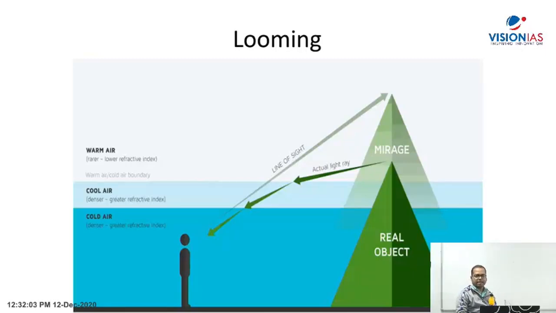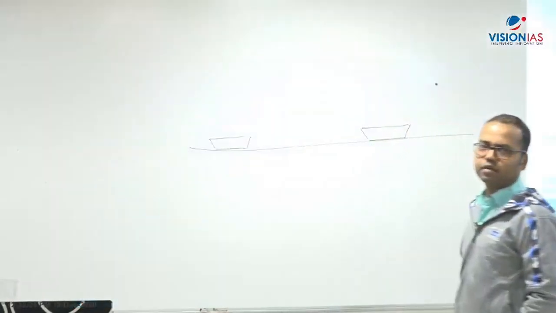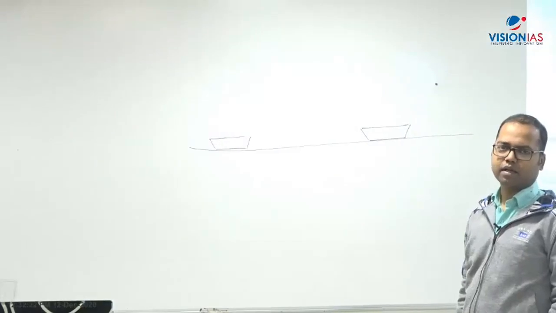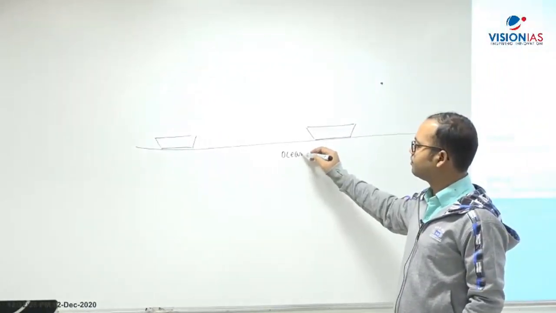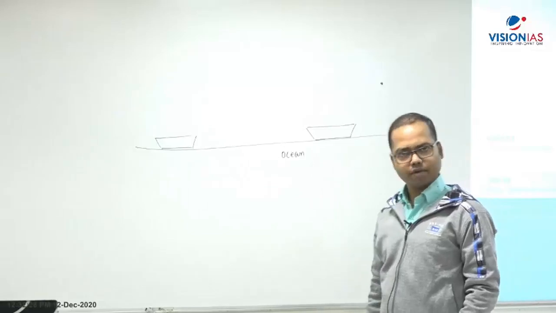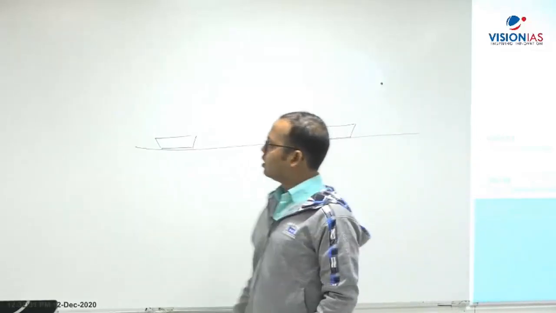There is a contrasting brother of the mirage, that is looming. The diagram on the PPT is not entirely wrong but slightly wrong. Looming is just the opposite of a mirage. It will happen in colder places or colder climates, like the ocean.